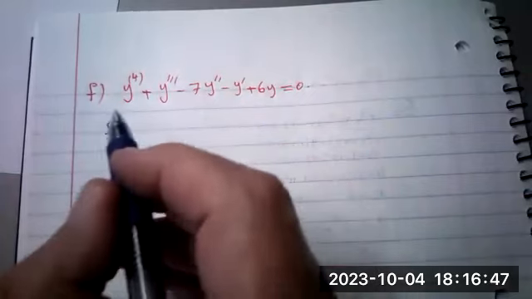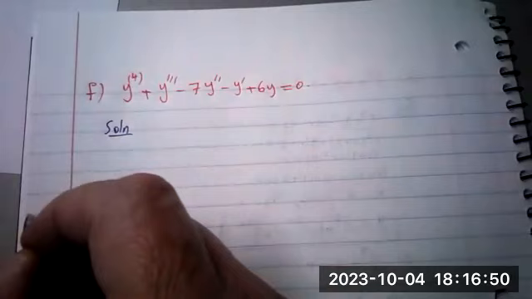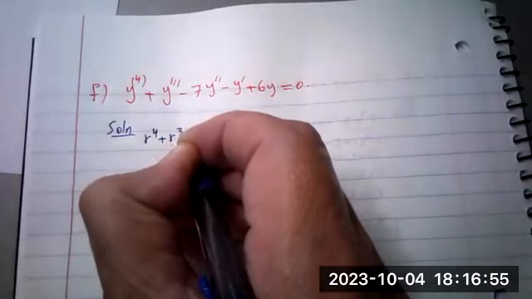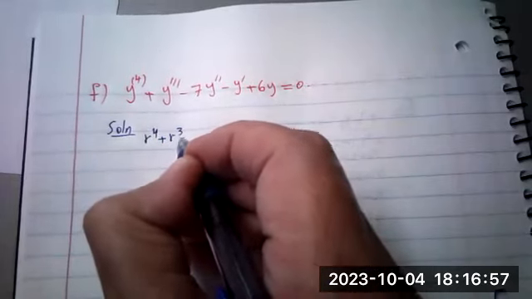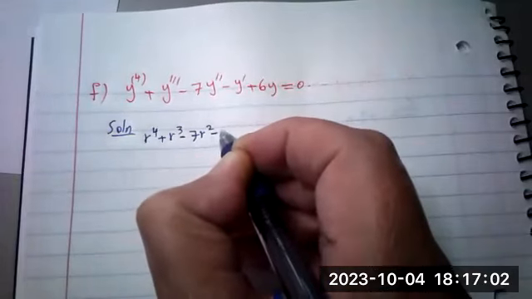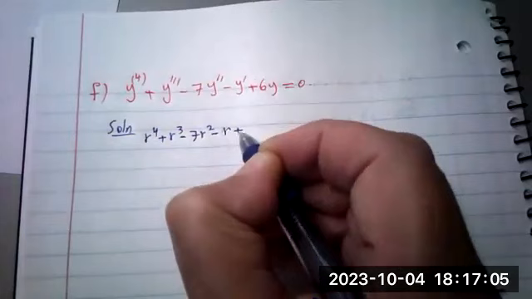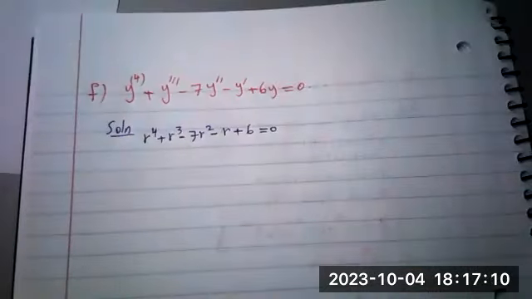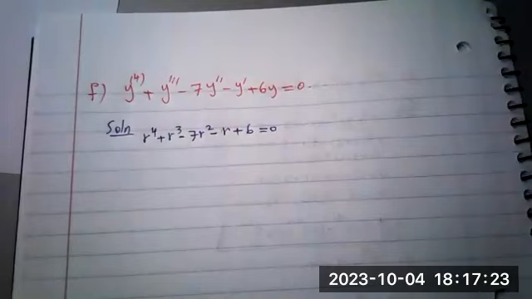No. What is the characteristic equation first? r to the 4, r to the third, minus 7r squared, minus r, plus 6, equal to 0. It's in fact 6r to the 0, but we write it down as 6. You start with 4, 3, 2, 1, 0, so the last one is 6r to the 0, and r to the 0 is 1.